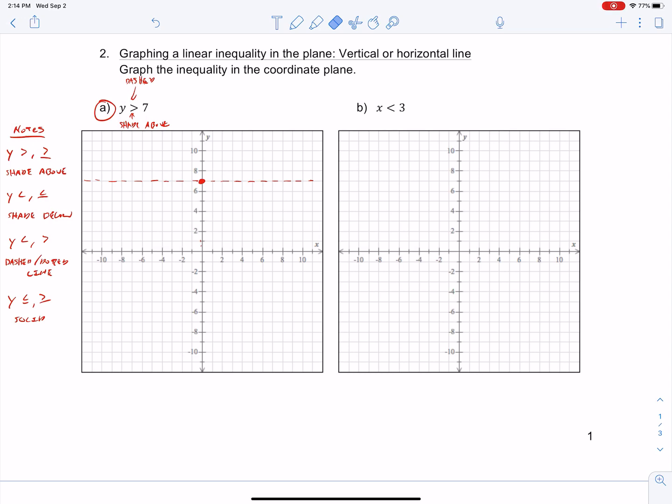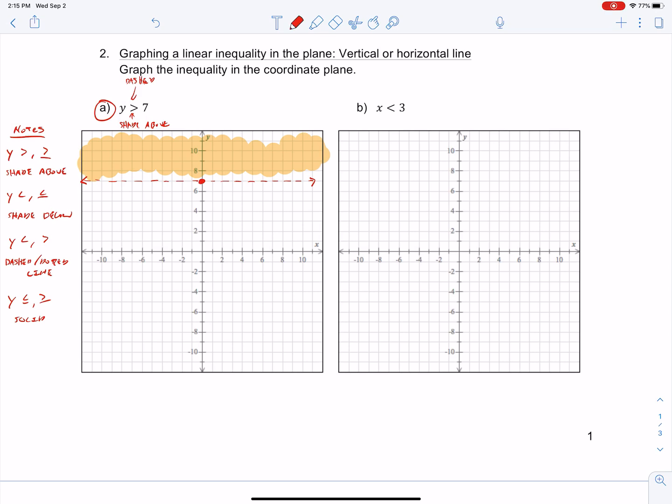So we have the dashed line. Make sure we draw our arrows because this line goes on forever. And then it says shade above, and I'll get a highlighter out here. Let's do orange. And we shade above here. There you have it. And that's how you graph a line.